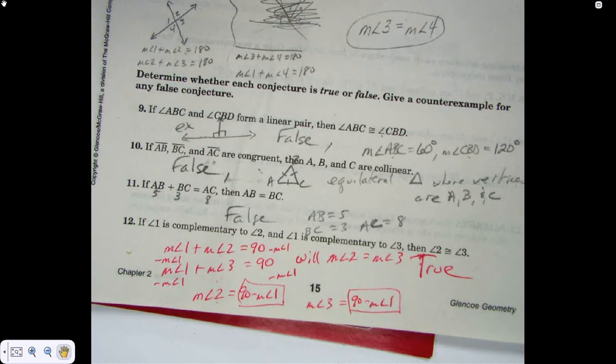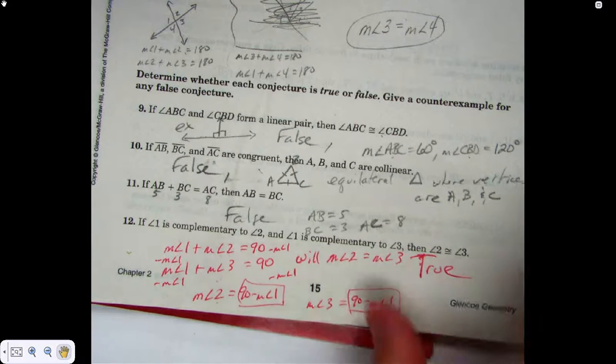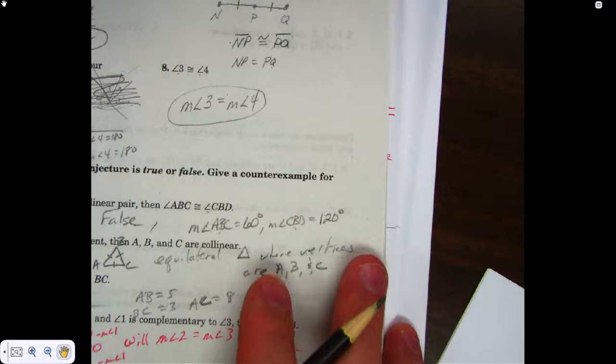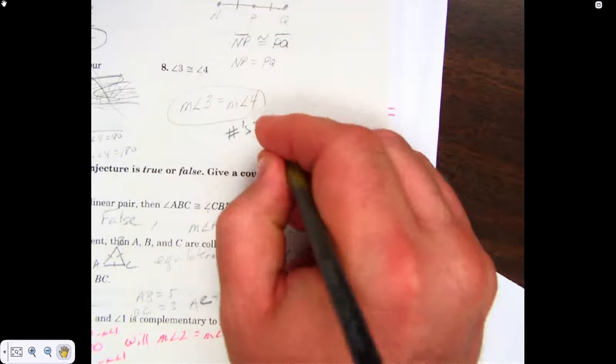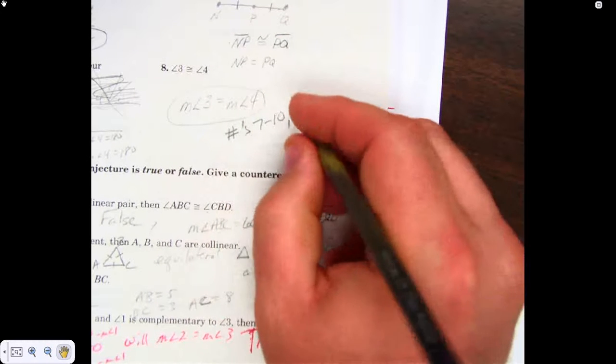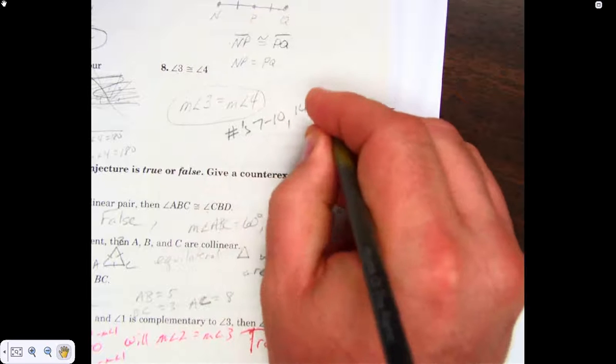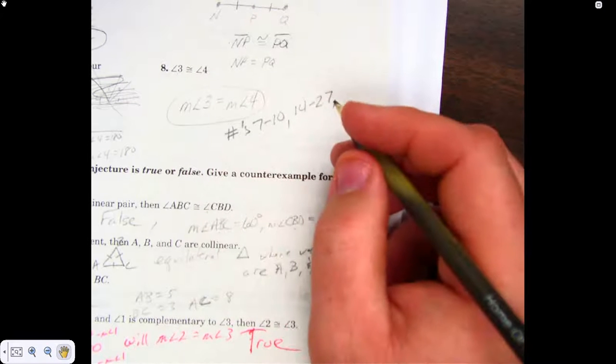Here's what I'm going to start trying to do. I'm going to try to start cutting the assignments down a little, so I'd better see things done correctly. I'm cutting it down, and I've got to change it on Google. I'm going to cut it down to numbers 7 through 10, 14 through 27, and 40 through 44.